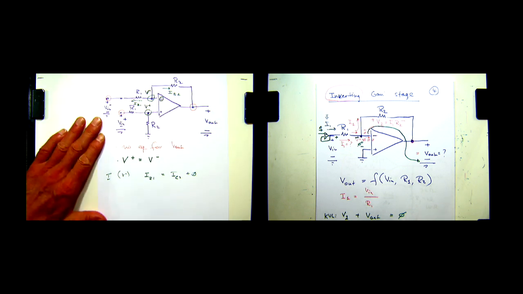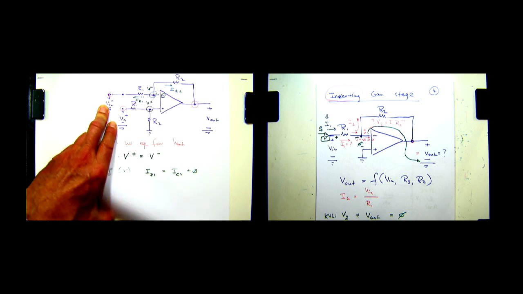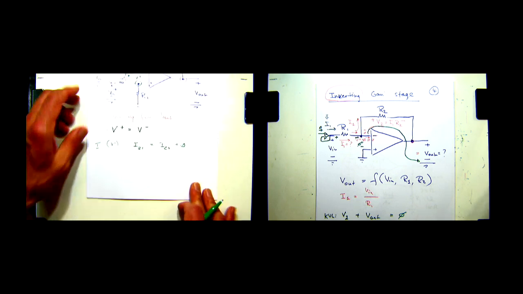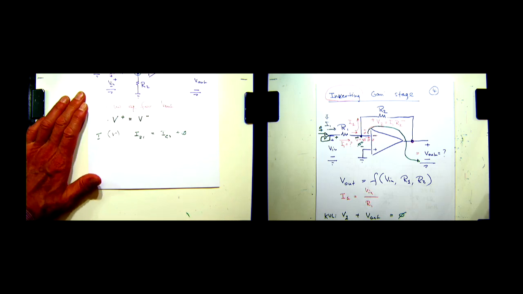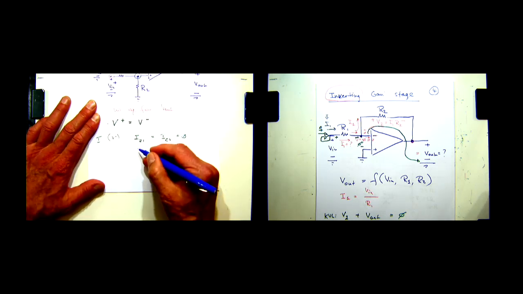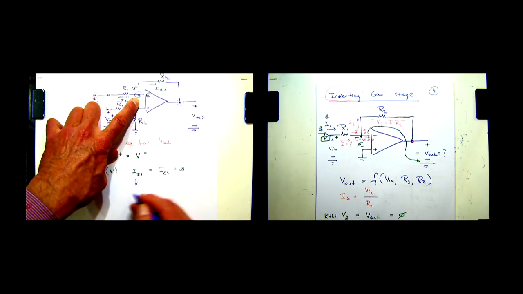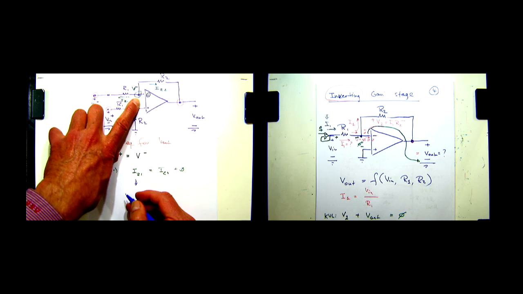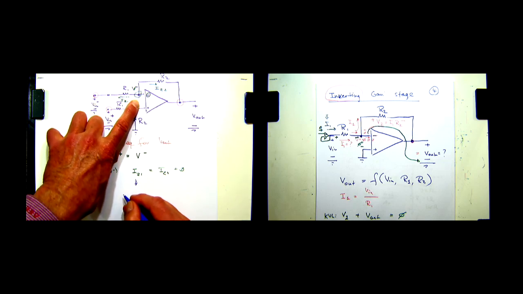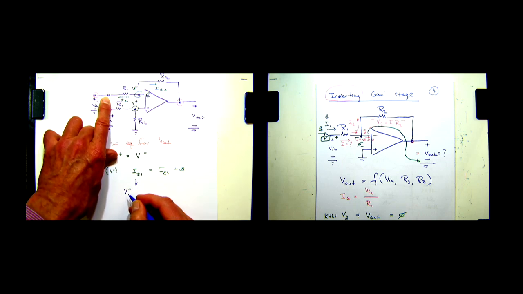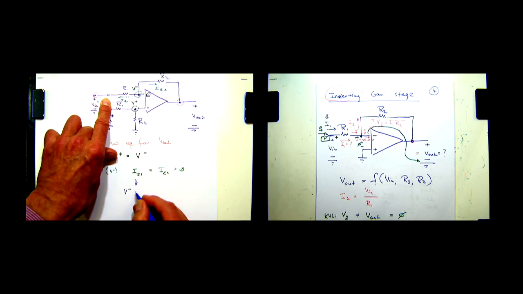Now let's replace this. I mean, there was this step 5 to 7 or so in the NVA handout, but let's do this just using Ohm's law directly. What is IR1? Well, this is going to be equal to the voltage on the left side of the current arrow, that's V minus, minus the voltage on the right side, minus V in minus, divided by R1, Ohm's law.